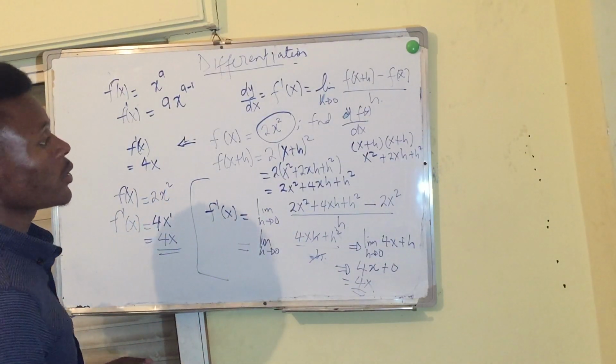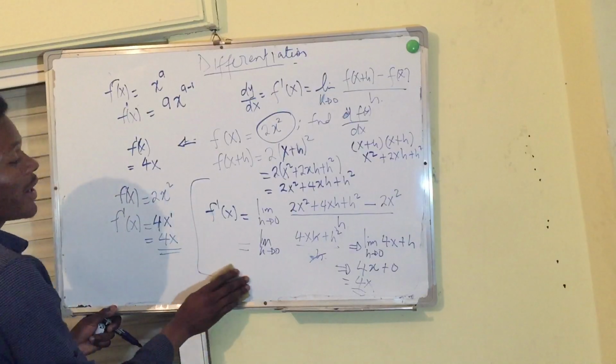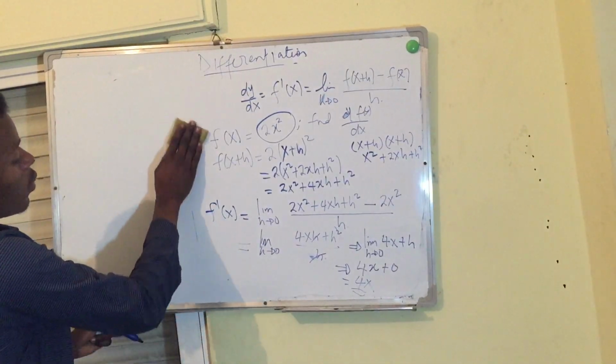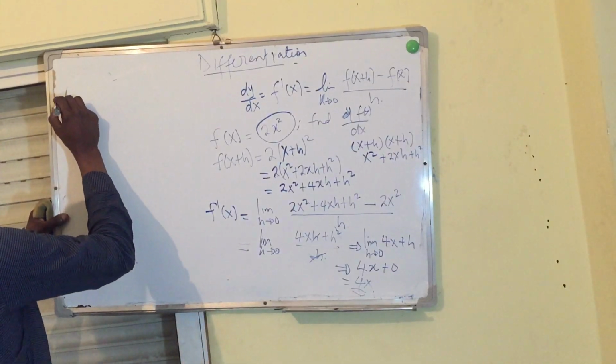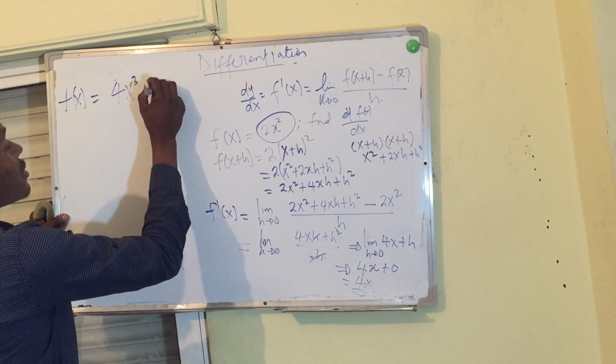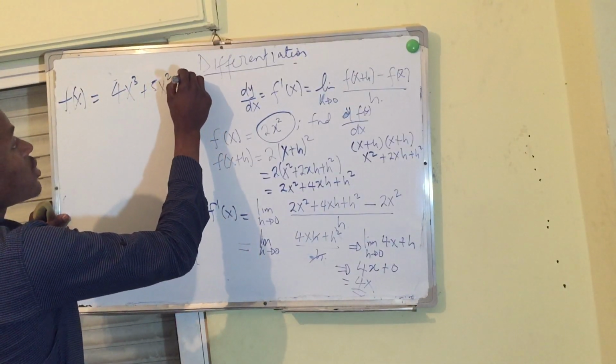So yeah, let us find derivative of one function. For example, let us say f of x is 4x cubed plus 5x squared minus 1.